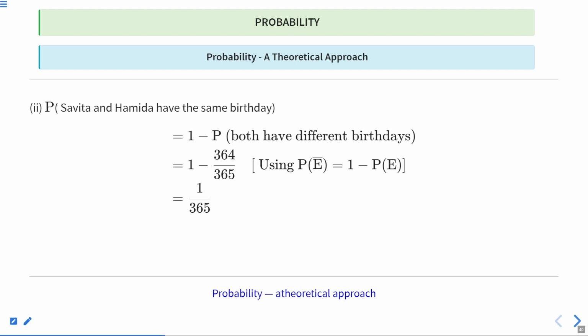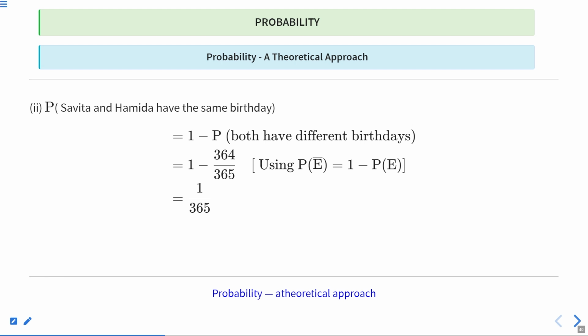That means 1 minus the probability of both having different birthdays. So the probability of the same birthday is 1 minus 364 divided by 365.